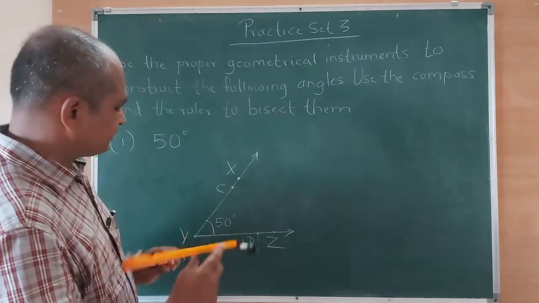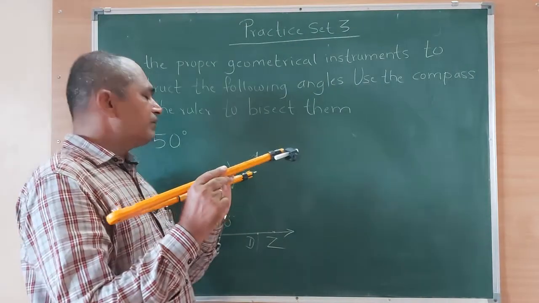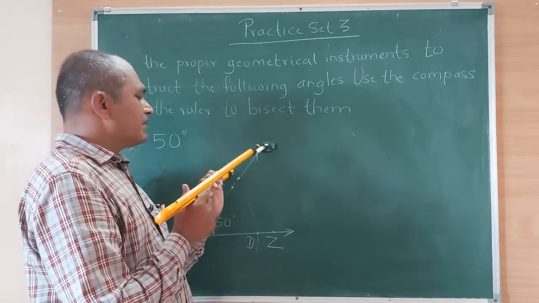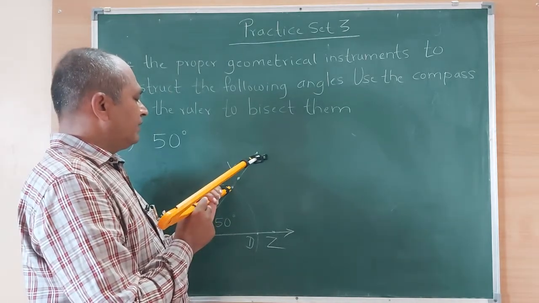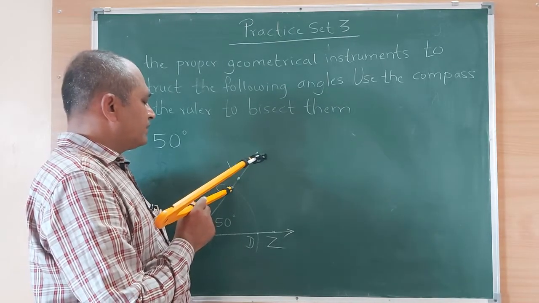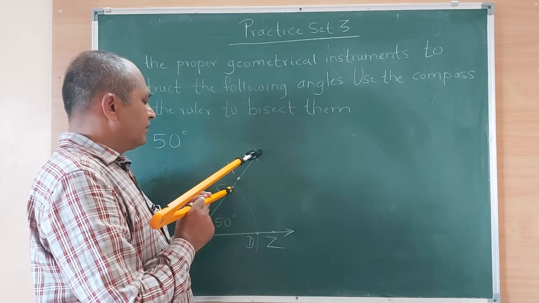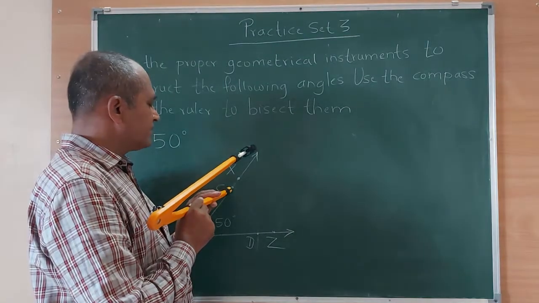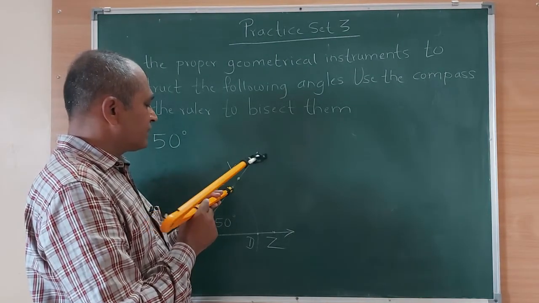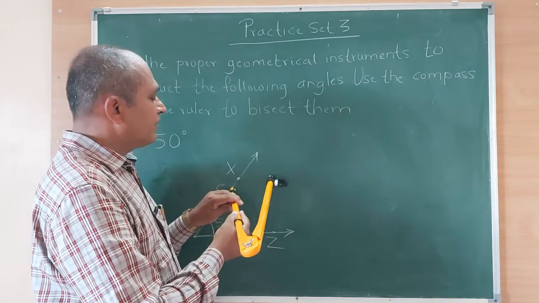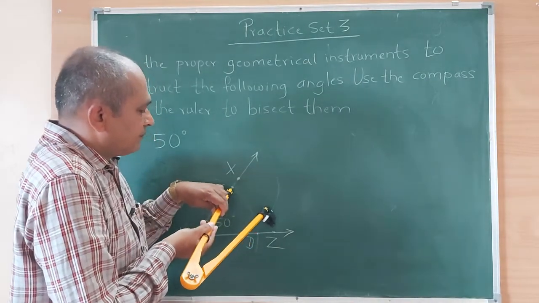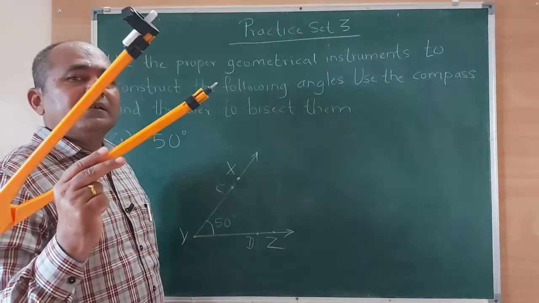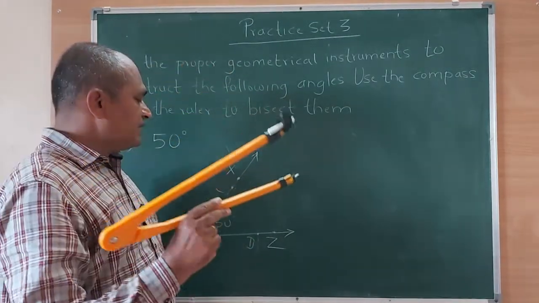Now, by again taking a convenient distance, putting the metal point of the compass on the first intersection point, that is point C, inside the angle, draw one arc. Not outside, inside. Don't change the distance.